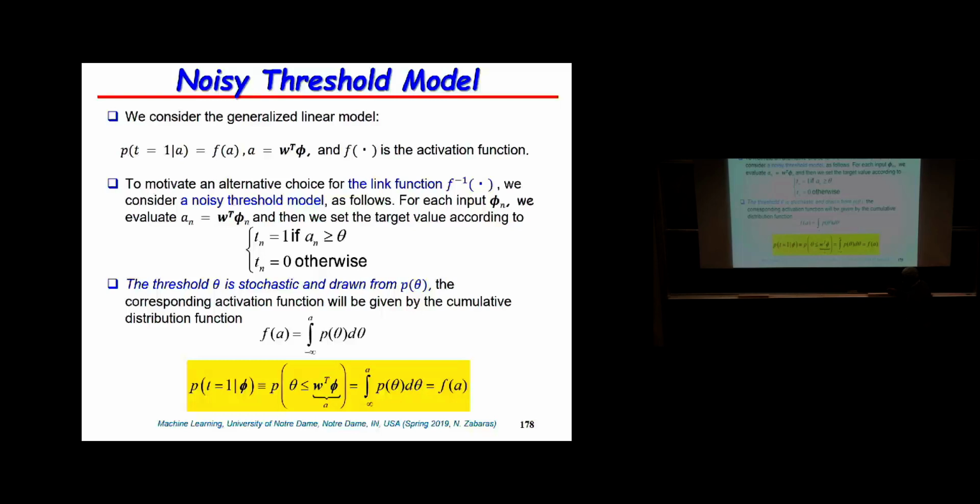So this becomes basically a CDF. Can you see this? This is the CDF of pi of theta. All right? So effectively, I have a CDF of theta, and that CDF is my activation function to define the posterior probabilities. So now you may say, you know what?